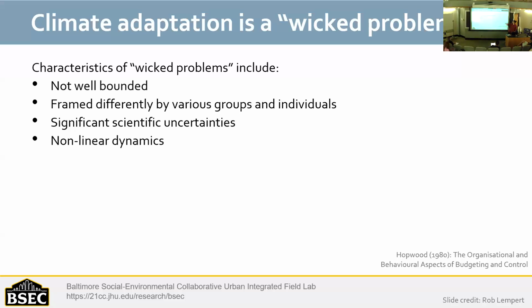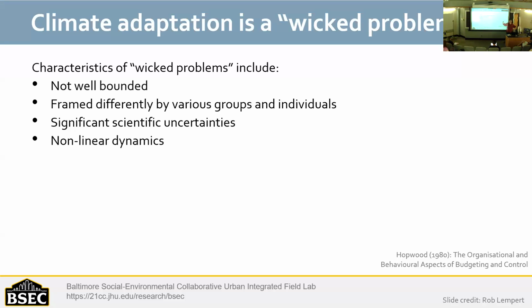So we've used the term wicked problems a couple times. I just want to remind or define the term in case people are not aware of what it is. It's kind of an old school term and we don't really say it anymore. But what it means is it captures problems that are not well bounded.